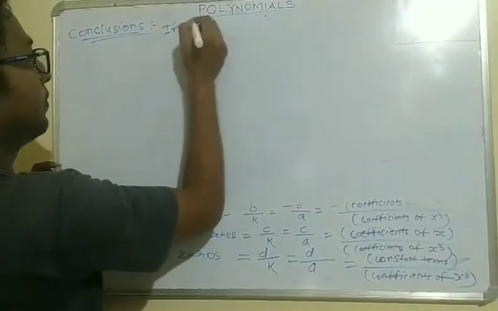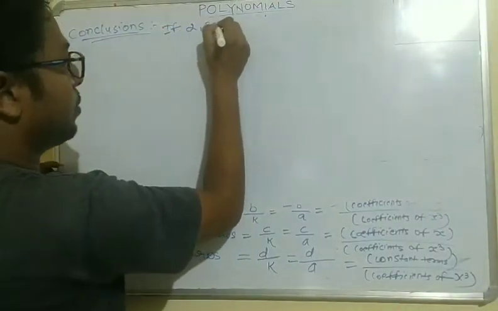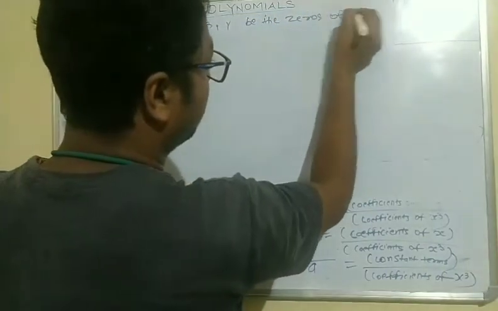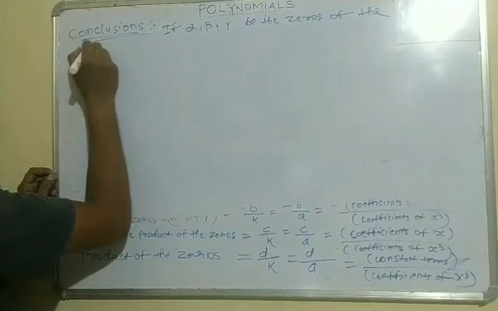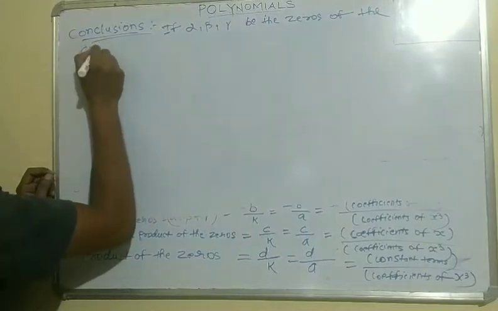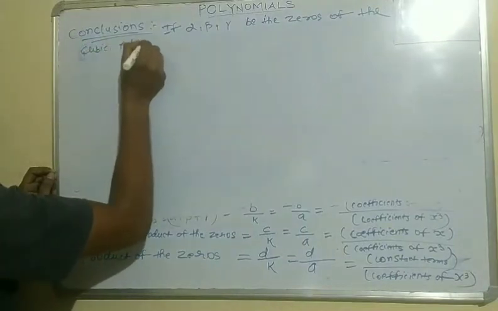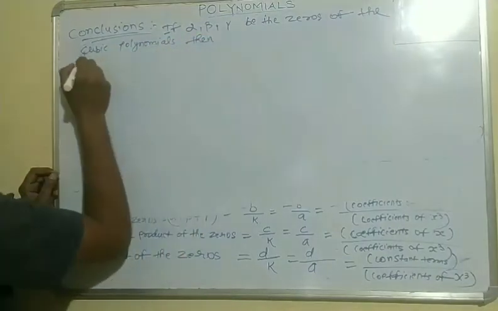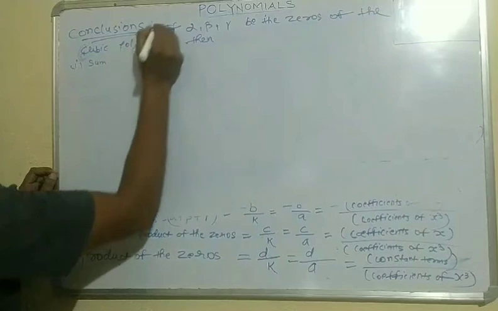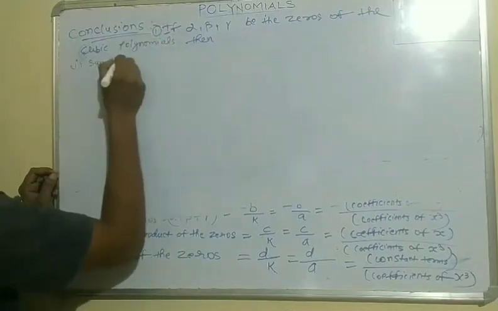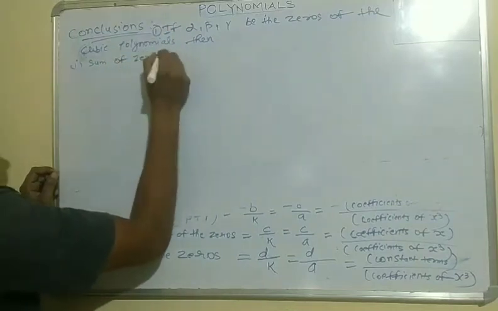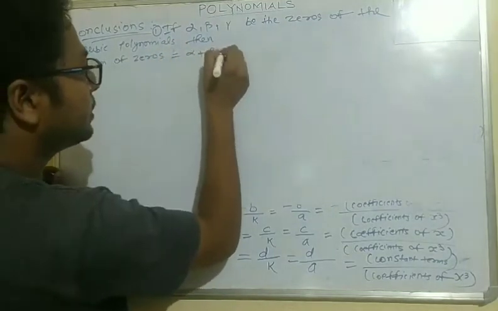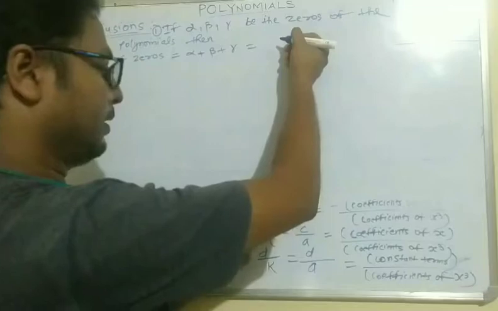Conclusion: if alpha, beta, gamma are the zeros of the cubic polynomial, then first, the sum of zeros of the cubic polynomial, alpha plus beta plus gamma, equal to minus b upon a.